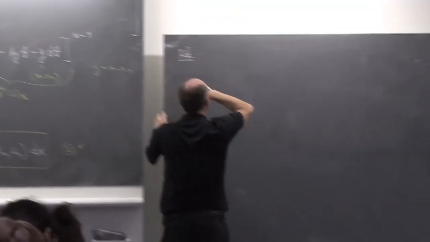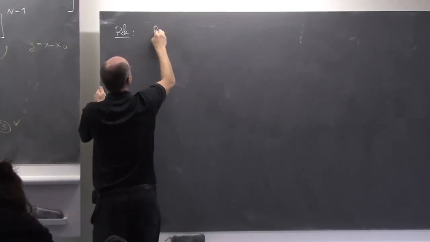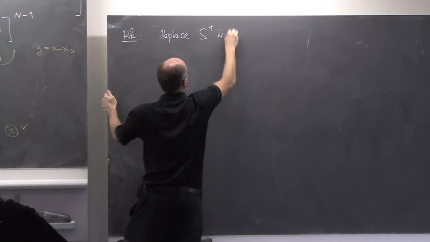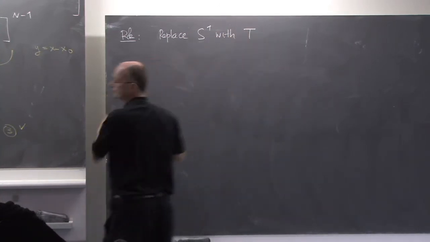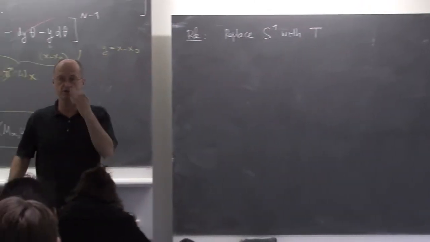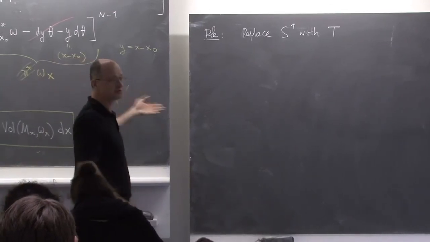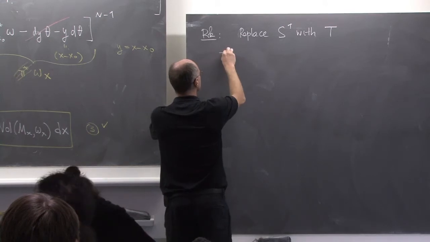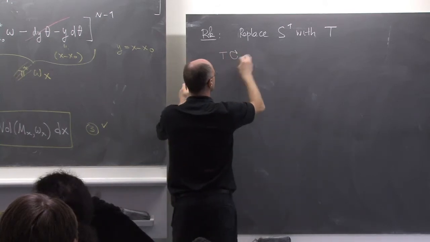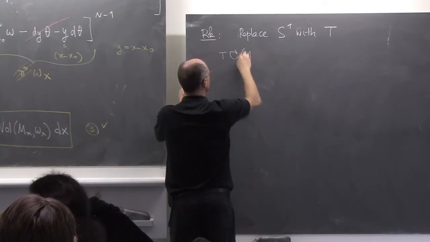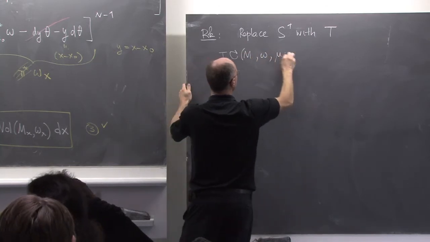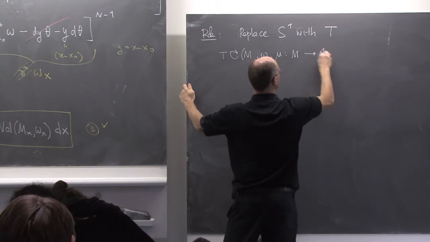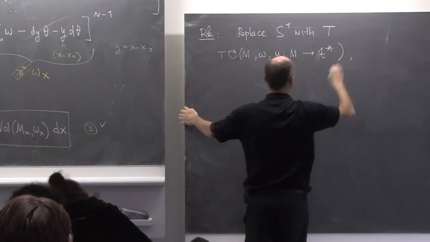So first of all, a remark. How does it work more generally for torus actions? So we proved something for S1, but what would it be? So we have a torus T acting on (M, omega, mu), and now the map is into t star.